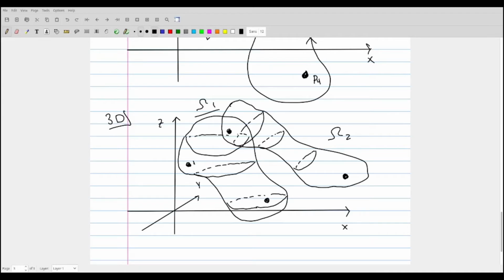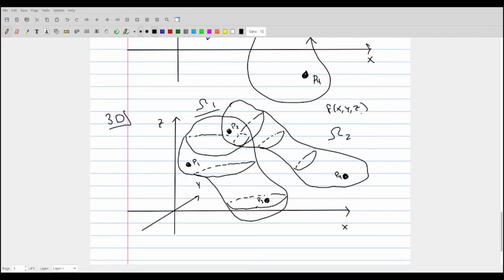And you can also label these critical points very similar to the previous problem for a function of 3 variables. You still have the same issue where if you're doing an optimization problem on omega 1, the solution in general to that optimization problem will be either at those 3 interior critical points that are inside omega 1 or on the boundary.